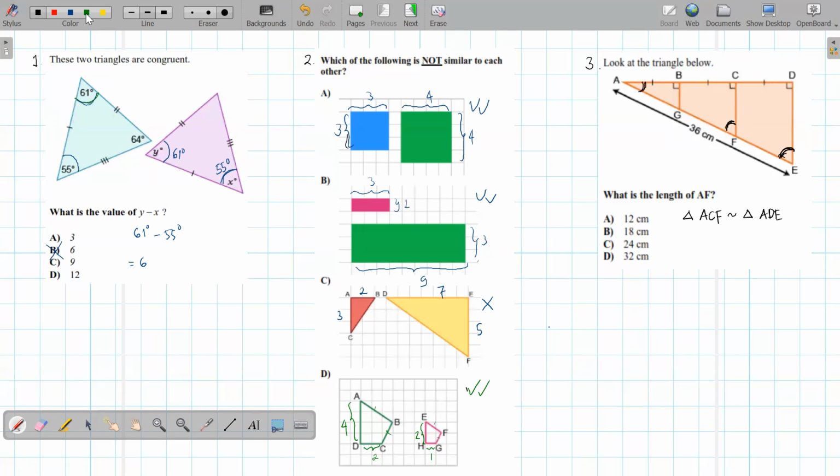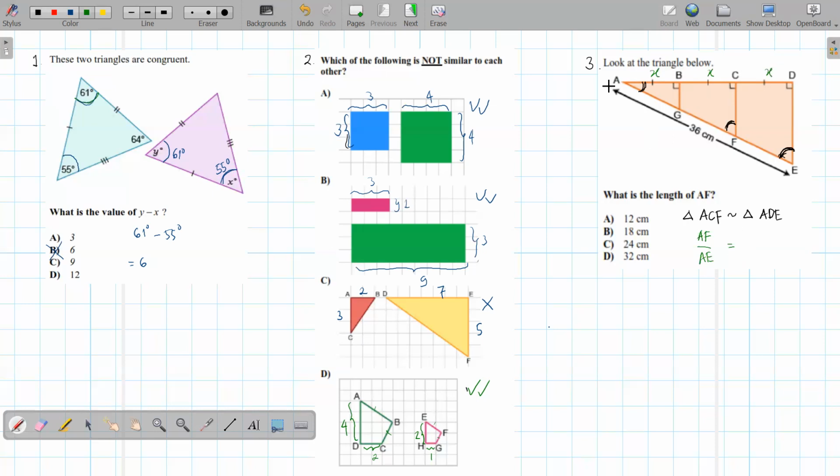Right, so let's figure out the matching sides. Because we want to find AF, we will write the side AF first, and then we find the side corresponding to AF in triangle ADE. That will be AE. So we write AF over AE equals. The question gives us AB equals BC equals DE, so we can take AB as x, and BC will be x as well, and this also will be x.